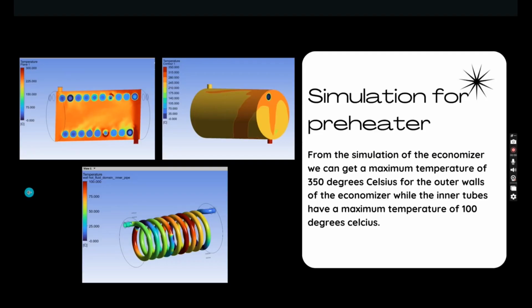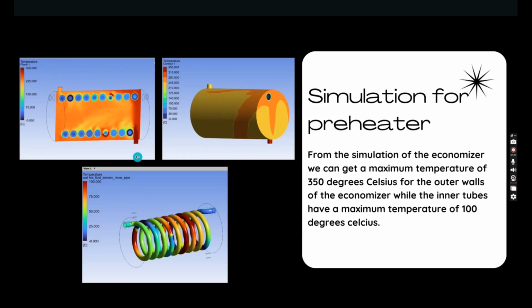Now, this is the simulation for the preheater. This is the temperature graph on the left side here, the temperature graph of the flue gas. As you can see, this is the inlet.